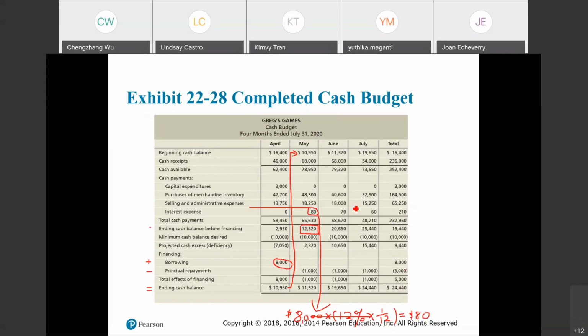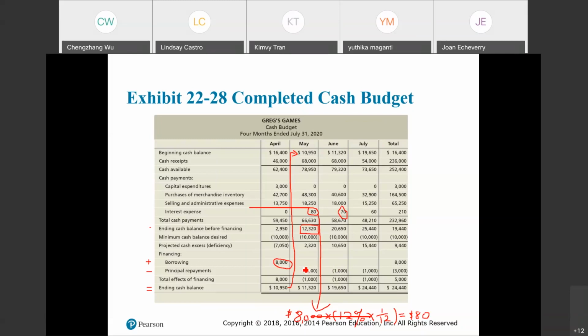And same thing for June. $70 is calculated as $7,000 times the monthly interest rate. Because in June, the remaining principal is $8,000 minus the repayment in May, $1,000.